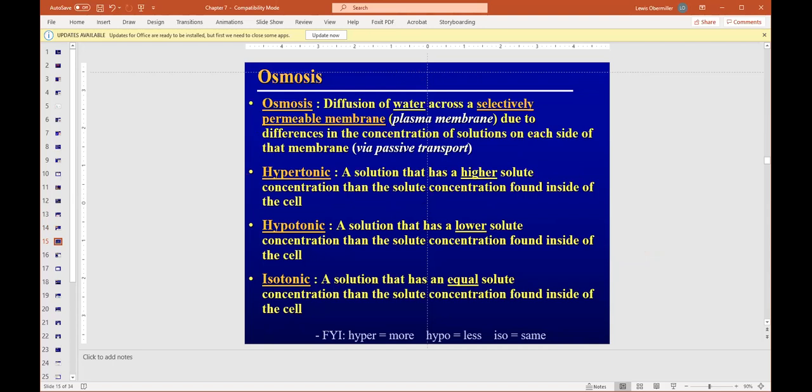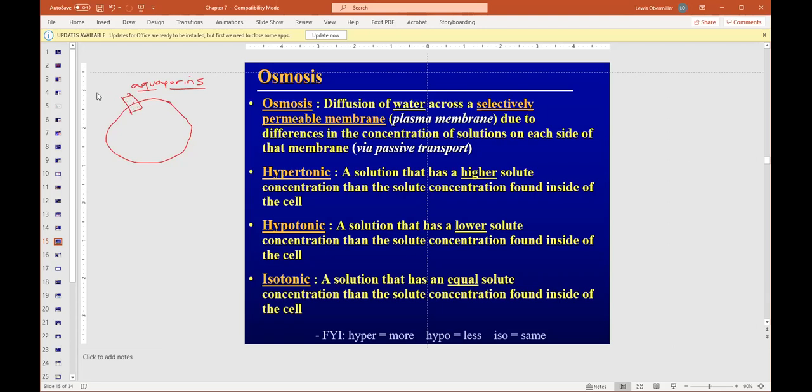Okay, so let's go back to the cell. We have this cell. We know that water can't pass across this membrane, but your cells have these things called aquaporins, which are water holes. Aqua is water, pore is hole, and they're always present.